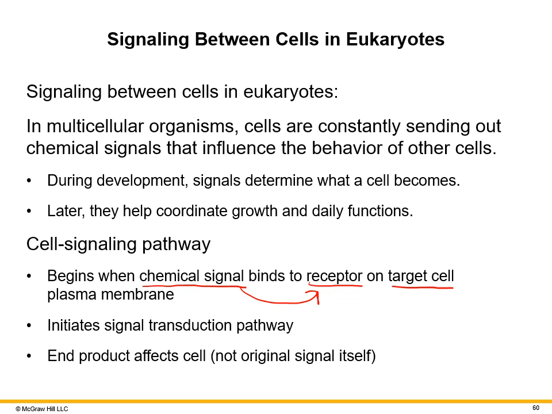The receptor is located on the plasma membrane of the target cell. And we remember that the plasma membrane is the same thing as a cell membrane. After binding to the receptor, this initiates a signal transduction pathway inside of the cell, producing a cellular response. The end product affects the cell, not the original signal itself.